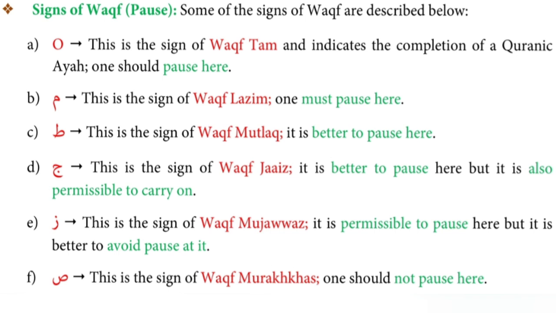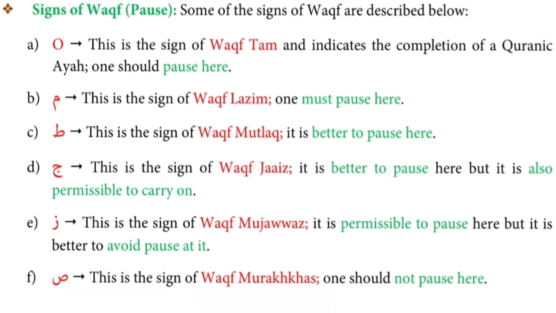Next and the last rule of this lesson, i'ada, repetition. After doing waqf, pausing, reciting while joining the preceding text is called i'ada. Dear viewers, in fact, you are supposed to read an ayat of the Holy Quran up to the sign of waqf in one breath.